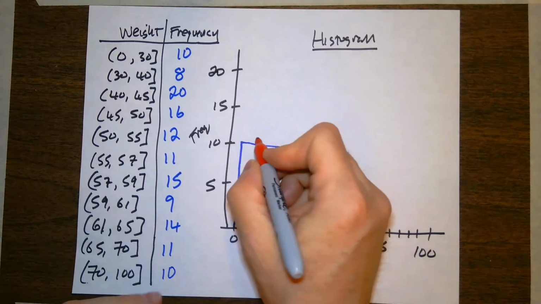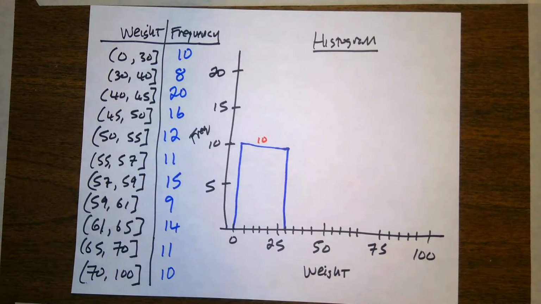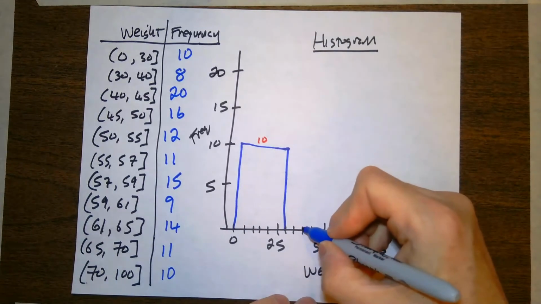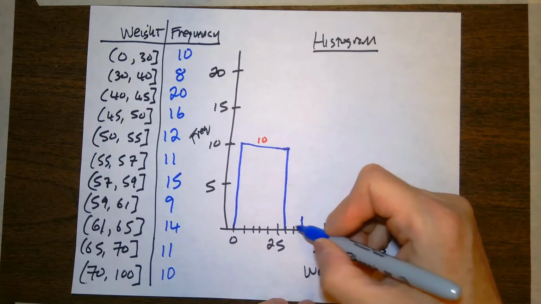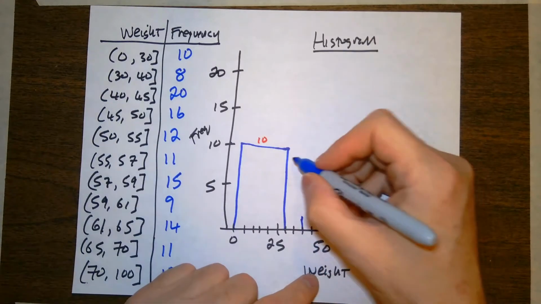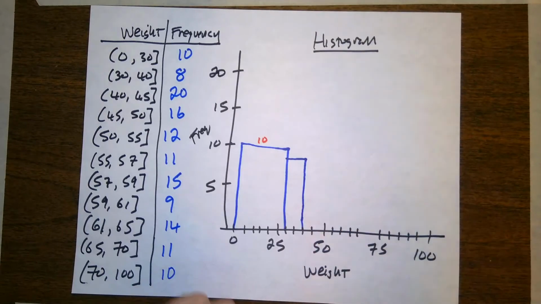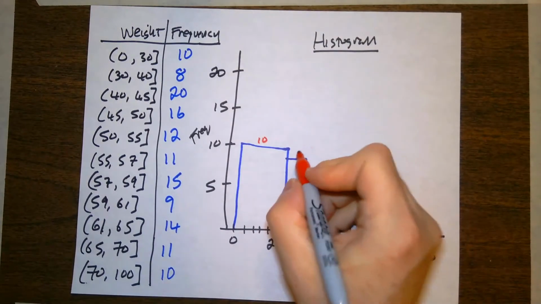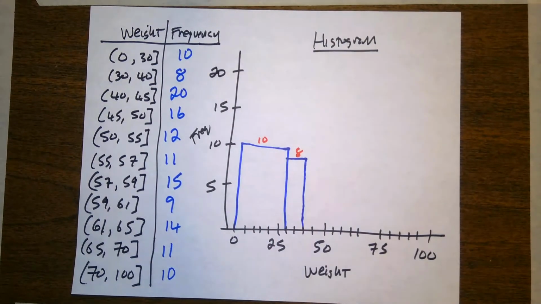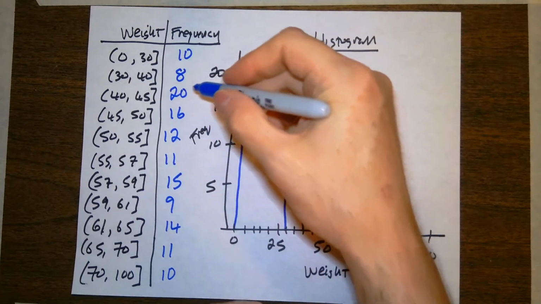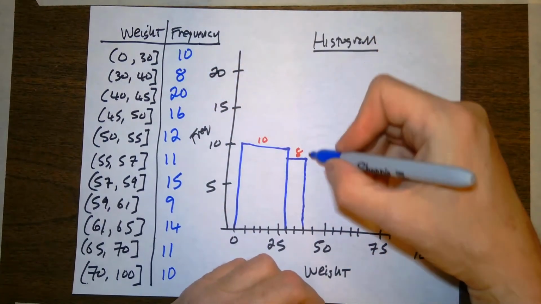So I like to put the numbers up here. I know I'm going to have a bit of a problem when it's very narrow. The next class went only from 30 to 40, so my next class is only going to be this wide right here, and there were 8 of those. My next class went from 40 to 45, even narrower, but that was my modal class at this point, so I want to go as high as 20 here.